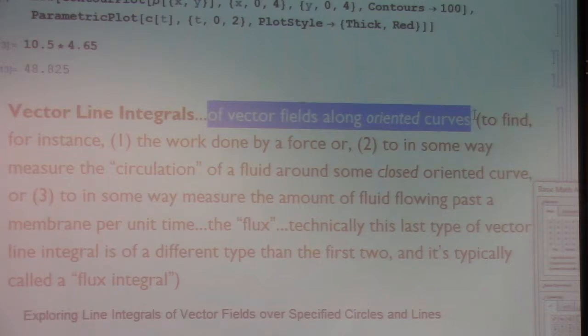In 3 dimensions, if you're flowing through some 2-dimensional membrane, then the units would be, say, cubic centimeters per second, or liters per second, or gallons per minute. Those would be the kinds of units you use for a flux. Actually, this third one is a different type of line integral than the first two. I'll have to talk about what that means next Monday, but these are the 3 main applications.